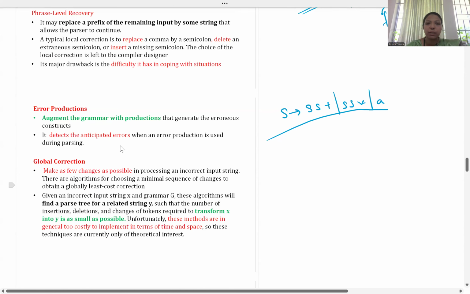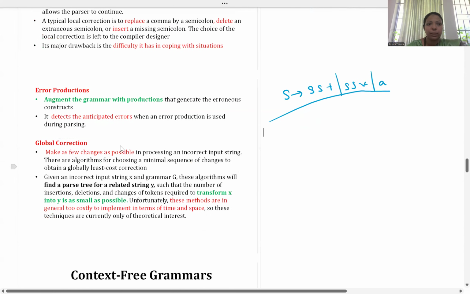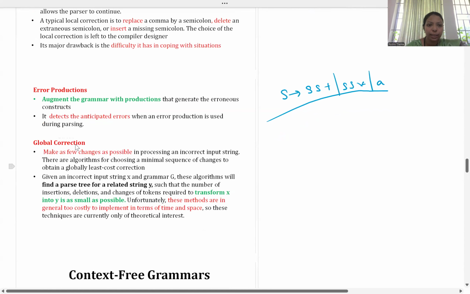The other one is global correction. This method is very costly, too costly, so usually it does not happen. What happens in global correction is, for example, we give an input string X and it is matched with the grammar G, and it finds there is a problem and cannot recover. So what does it do?